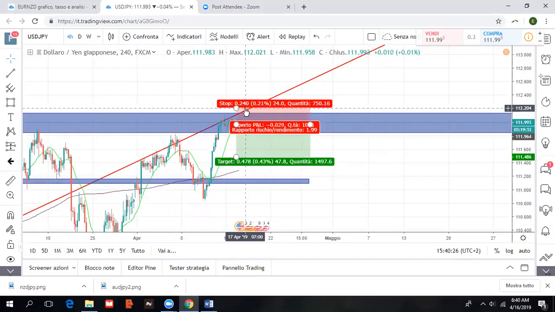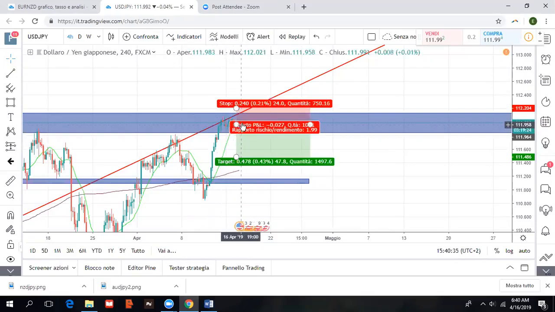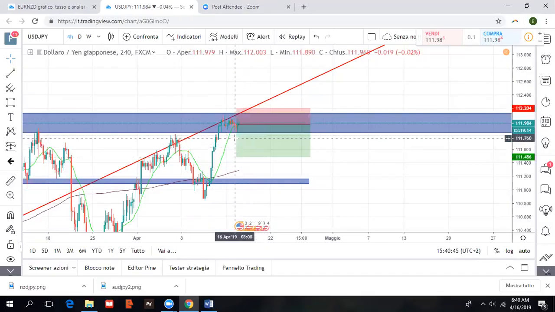So we can put our stop loss above it, and in this case we will lose 20 pips from 112 to 112.20. And so our risk reward, so let's say our risk is 20, our reward needs to be at least 40 pips if it is 1 to 2.